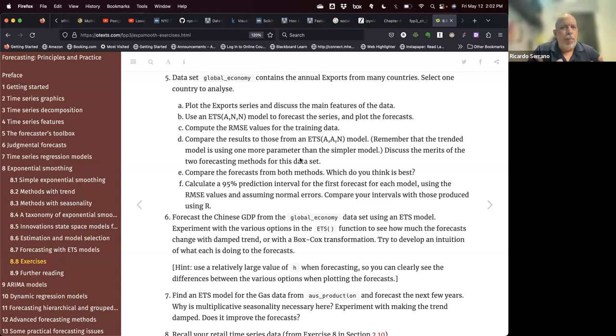We're going to compare both models to see which one really gives us a better forecasting tool. And the last step is to calculate the prediction interval for the forecast at a 95% level, also using the RMSE values.